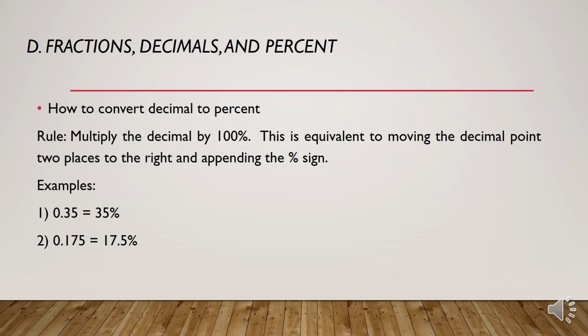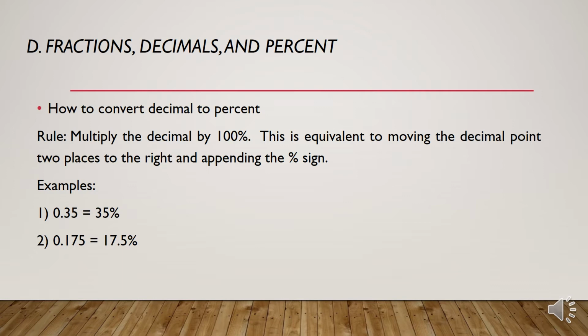Examples. Let's begin with number 1. We have 0.35 or 35 hundredths. How are we going to convert it to percent? Simply by multiplying the decimal by 100%.